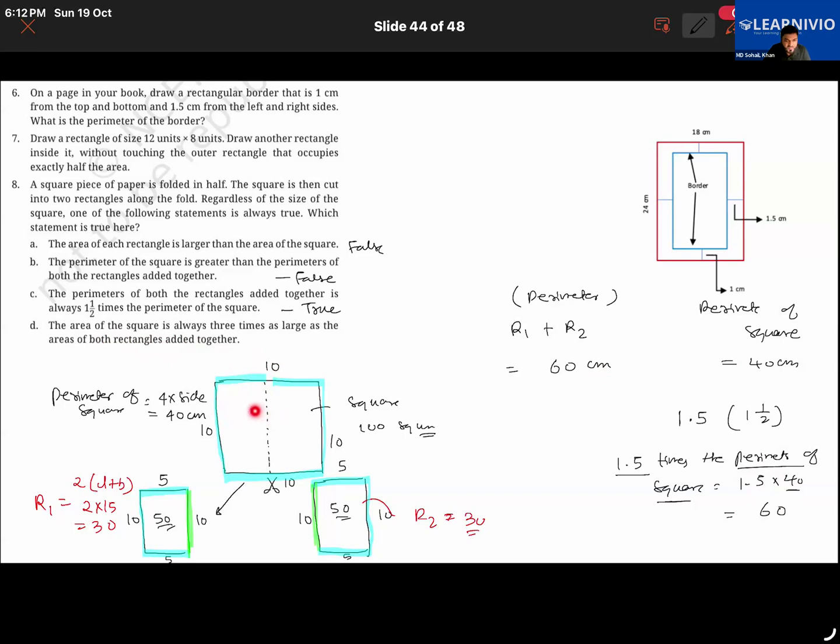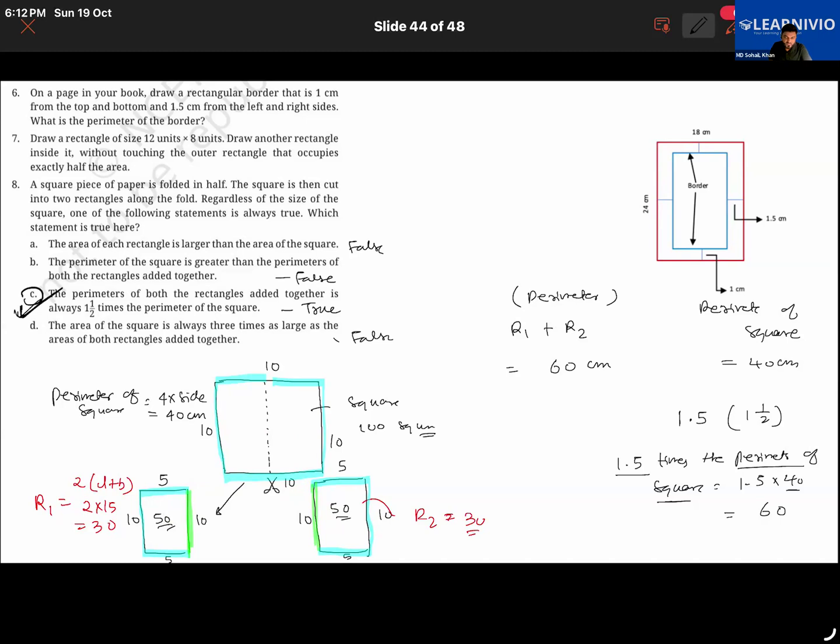Because the area of the square is basically going to be the same as when the area of both the rectangles is added together. Now, 50 plus 50 is going to be same as 100. So this one is also false. So it means option C was the only true statement here. Understood that now? Okay, good.